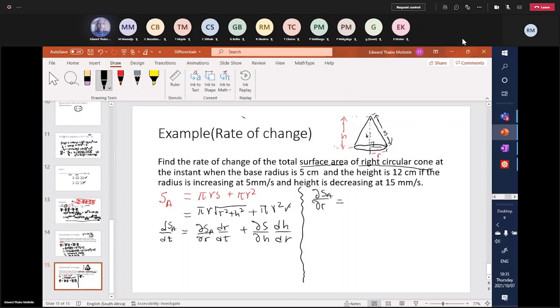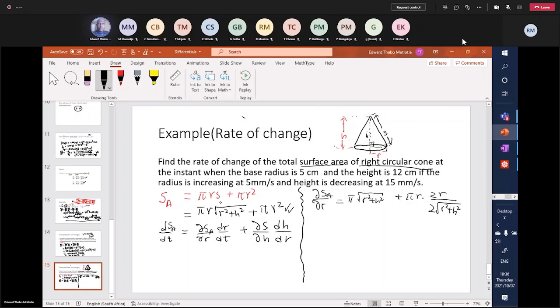We'll differentiate this one here. So differentiating, I have pi times the square root of R squared plus H squared, using product rule, plus pi R multiplied by 2R over 2 root R squared plus H squared.